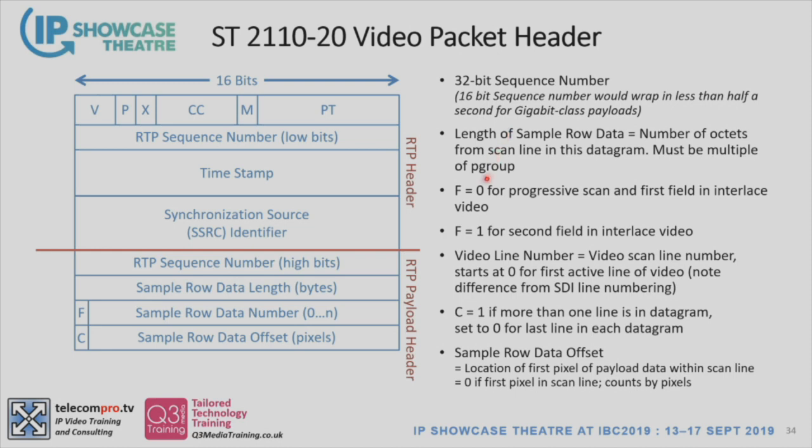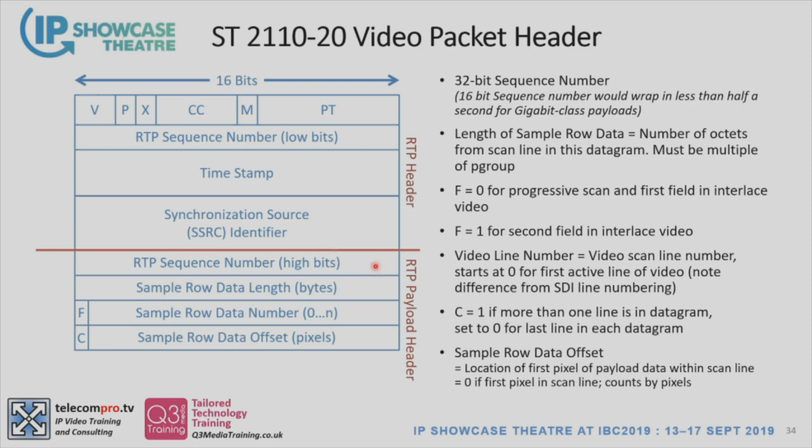So now we extend that up to 32 bits. That gives us 4 billion packets that we can accommodate. So that will give us hours between when the combination of the low bits and the high bits, the full 32-bit sequence number, wraps around.